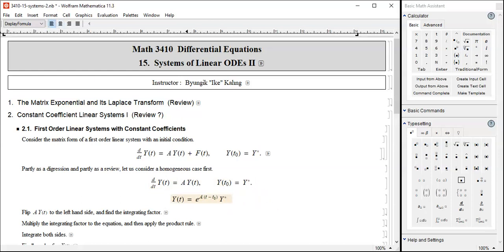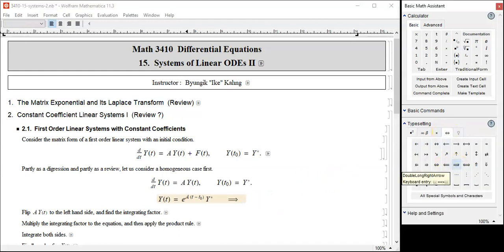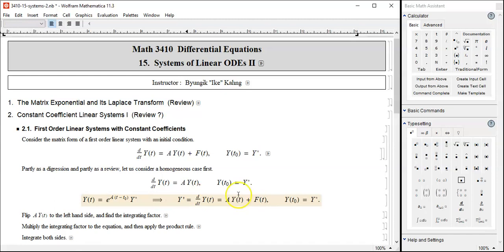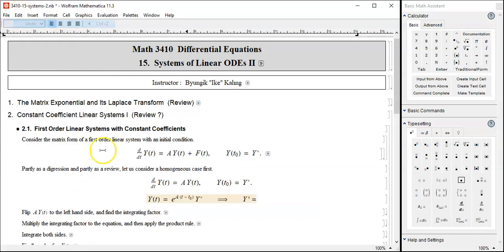Let's check. Okay, let's take the derivative. Then by chain rule, exponentials stay the same, yes, but, excuse me, what did I do? I didn't copy paste completely. Exponentials stay the same, and then multiplication of this constant coefficient column vector will stay the same.